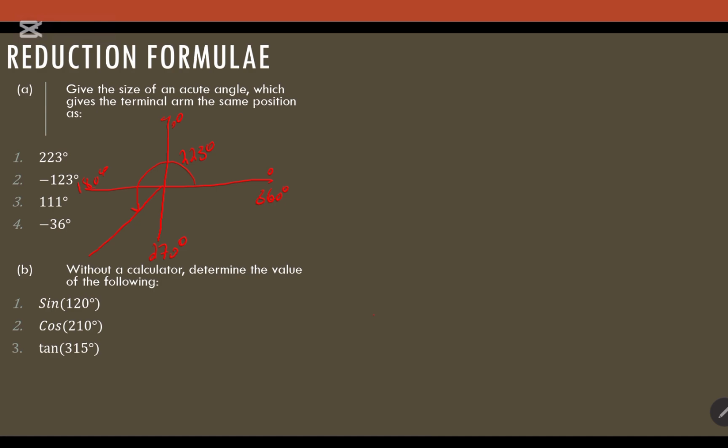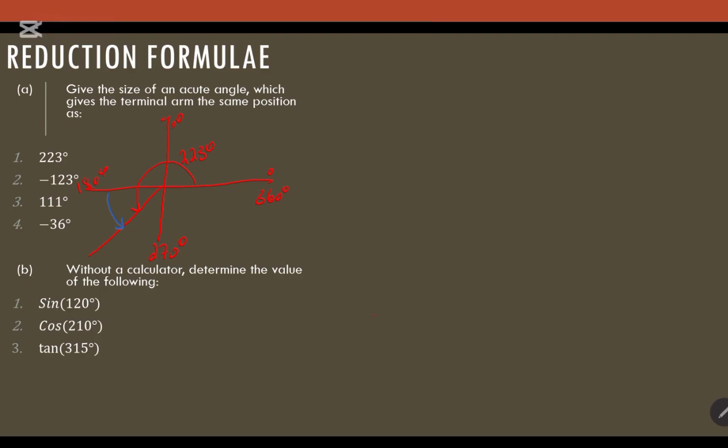Well, if we open the angle on this horizontal line here, the x-axis, towards 180, going in an anti-clockwise direction like that, this angle here is an acute angle, and this angle also lands at the position of the terminal arm that is given by 223 degrees.